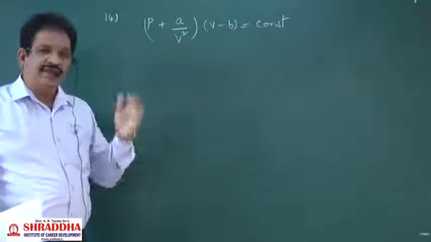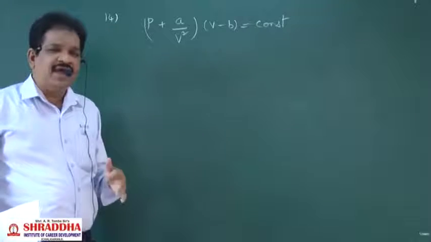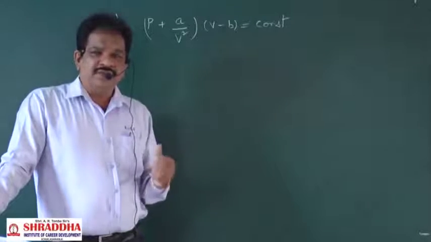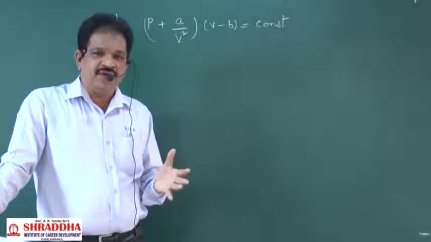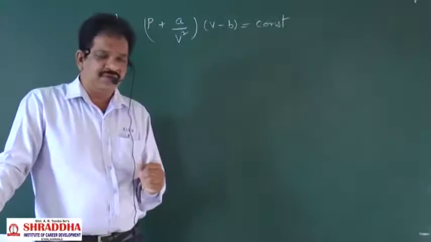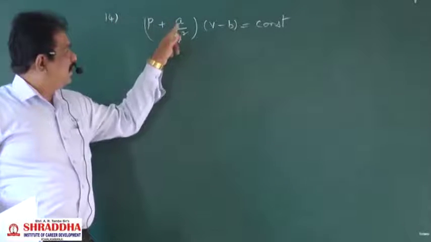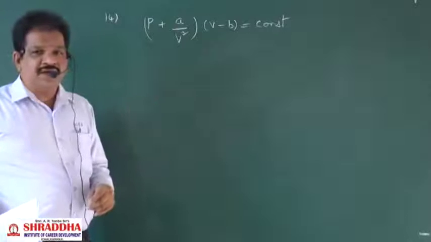when two quantities are added, they must have the same dimensions and the same units. Only then can we add or subtract those quantities. Is my point clear? So P and A by V square are both being added.